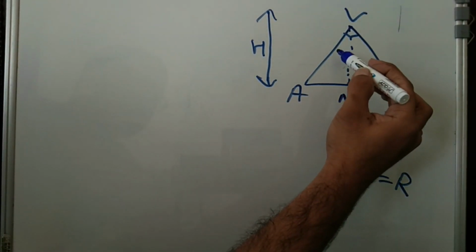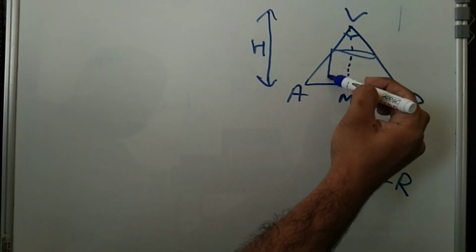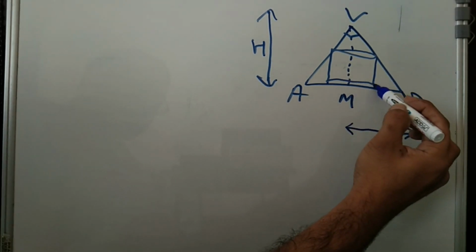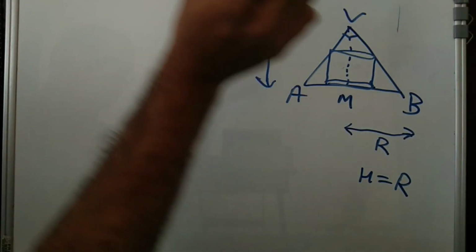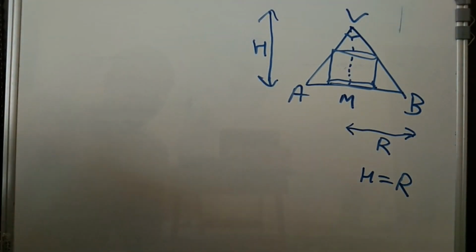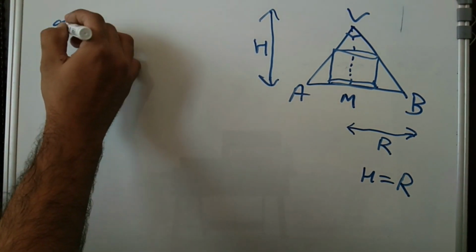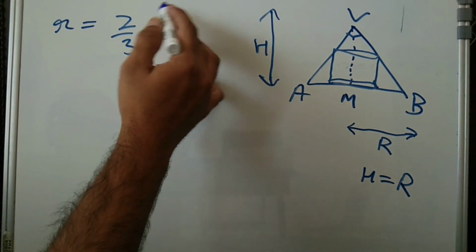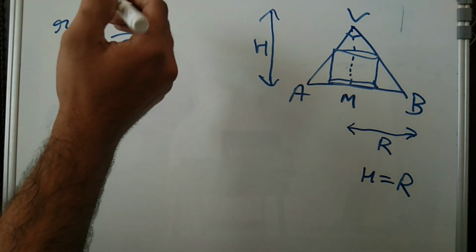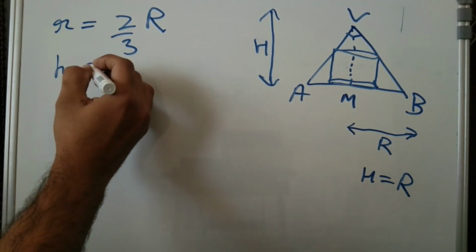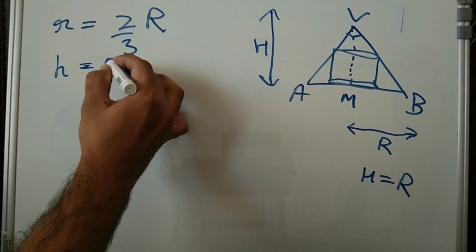Okay, so let me draw the cylinder that we are talking about, and this cylinder is given in the question with the maximum volume. So we need to remember here one thing. When the greatest volume cylinder is inserted inside a cone, the radius of the cylinder is 2/3 of the radius of the cone, and the height of the cylinder is 1/3 of the height of the cone.